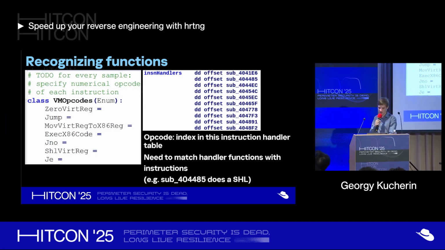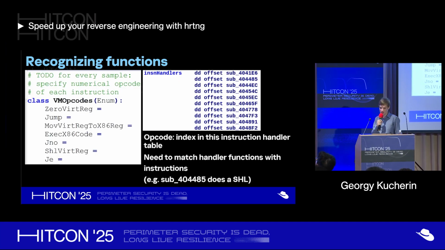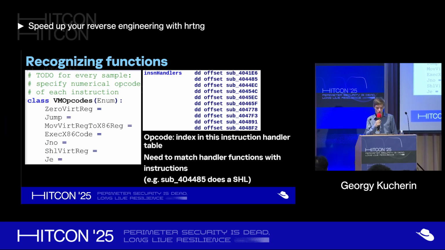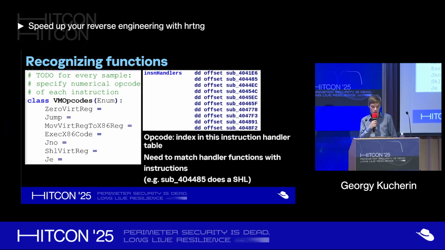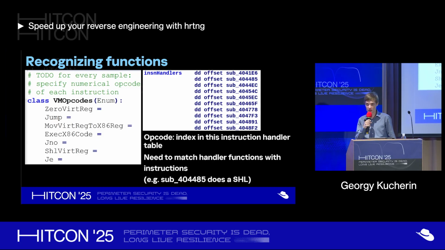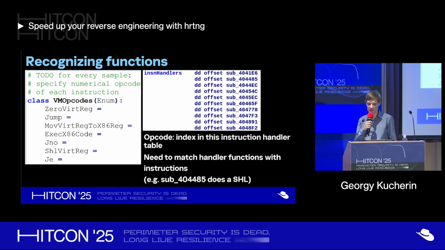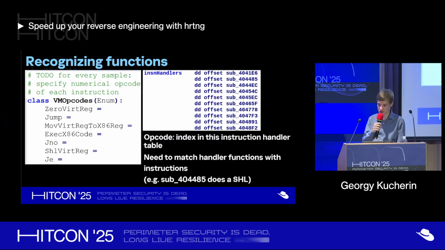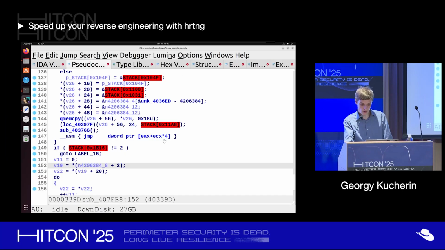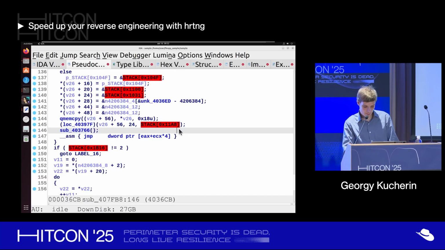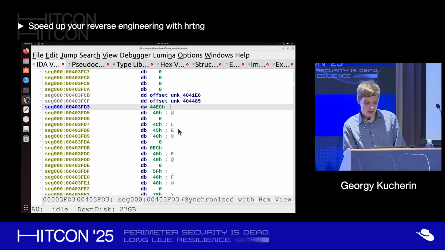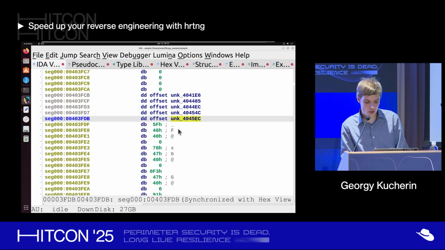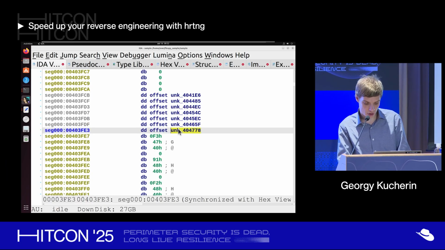However, there is an issue with it, because in order for the script to work, we need to match the names of virtual instructions with their implementations. Let me show you how this works. Over here in the sample, we have an array of functions which implement virtual instructions.